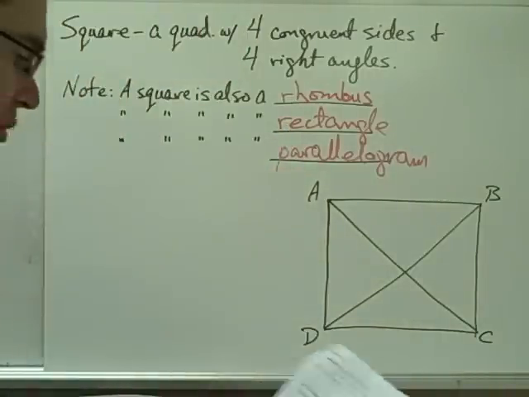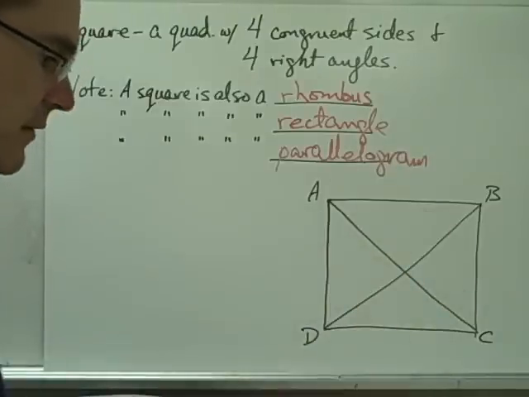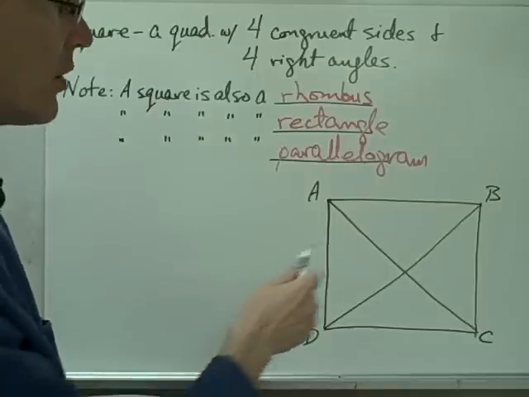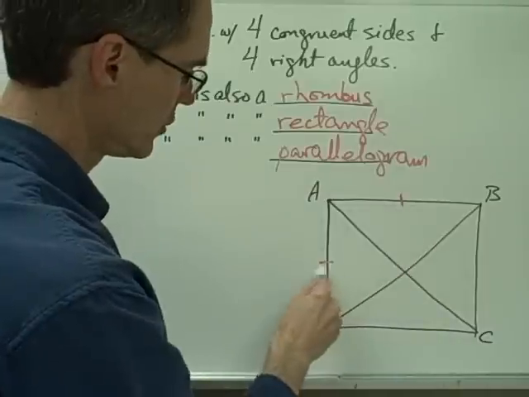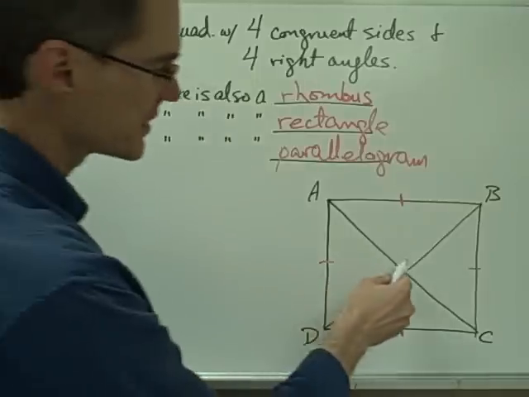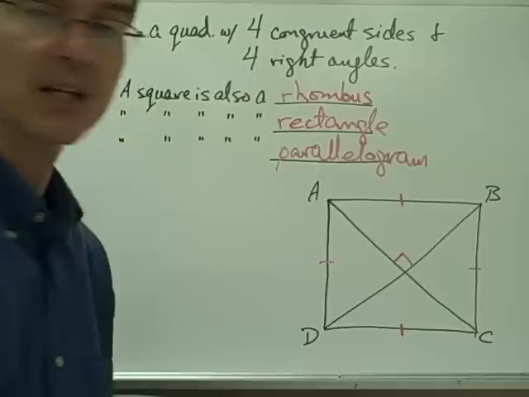Now, in example number 2, you're asked to find some different values using this figure here, this square, and I'm going to let you do those on your own. But notice that for a square, you know that all 4 sides are congruent. You know that since it's a rhombus, its diagonals are perpendicular.